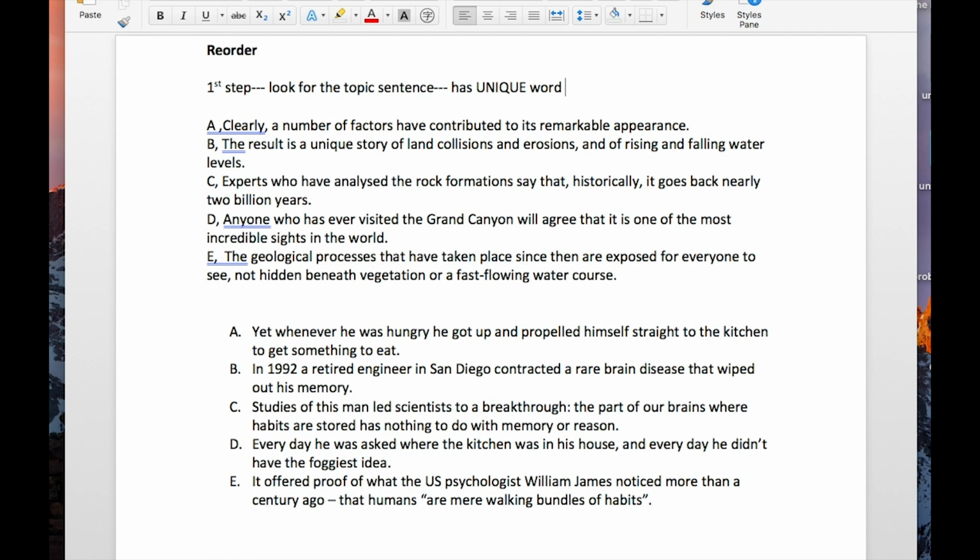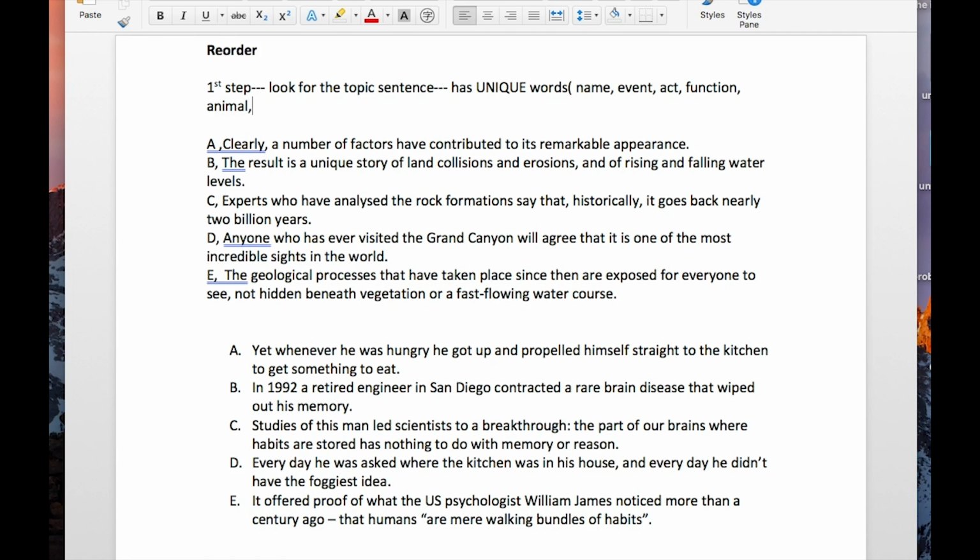So what kinds of unique words? They can be a name, an event, an act, a function, an animal, a time, or an actual research. So something unique that has been mentioned for the first time can be your topic sentence.